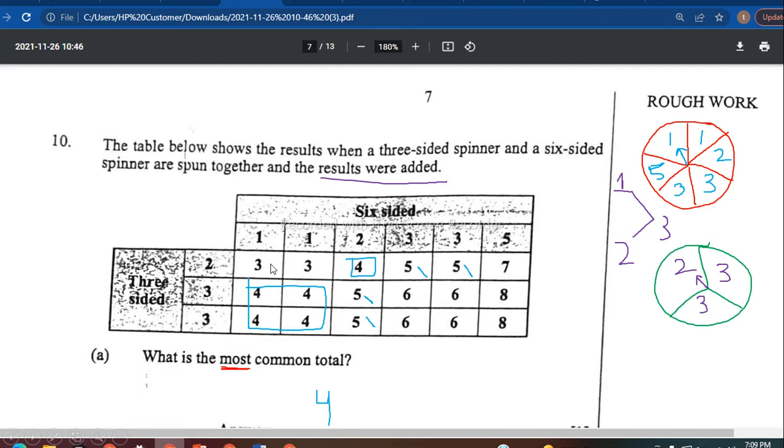What about where it's a 2, 3, 3 for the first row? You mean this? No, we don't count these. These are the ones that combine. That's a very good point that you raised. You only count these ones. Okay.